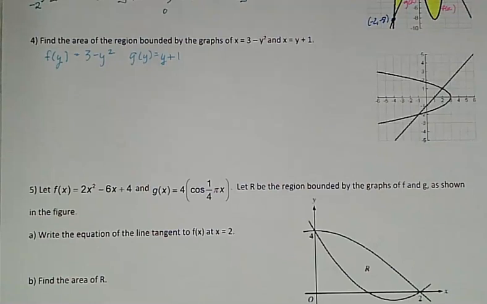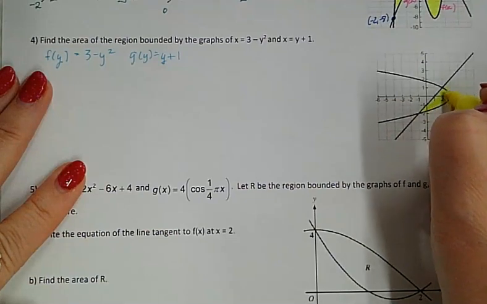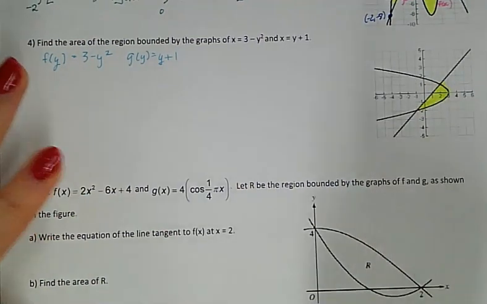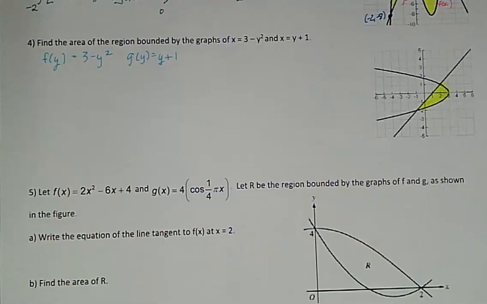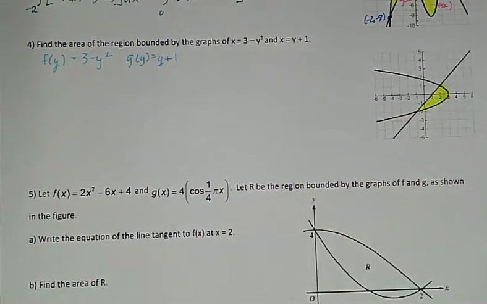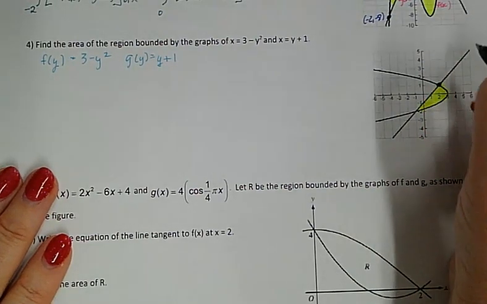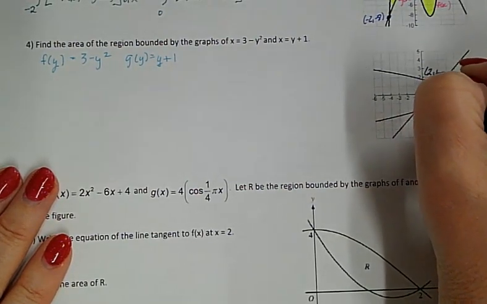Now I'm going to go over here to my shape, and I can see that what I'm doing is finding this part right here. That's the area bounded by the intersections. So when I look at my shaded area right here, then I am looking at this intersection point right here, which is 2, 1.